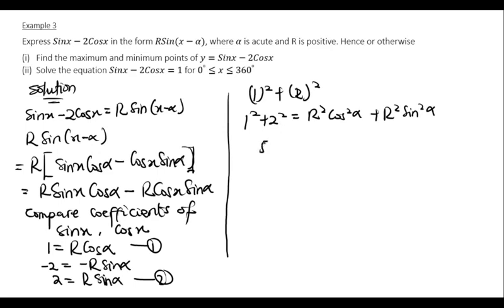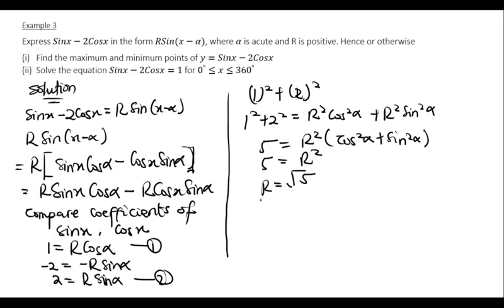So we have 5 is equal to r squared into bracket cos squared alpha plus sine squared alpha. By now, this should be easy for you. So we have here 5 is equal to r squared, because what we have in the bracket over here is equal to 1. So our r is now root 5.